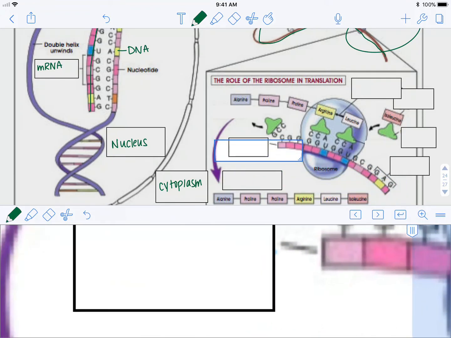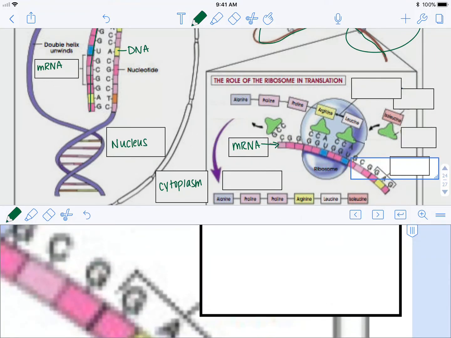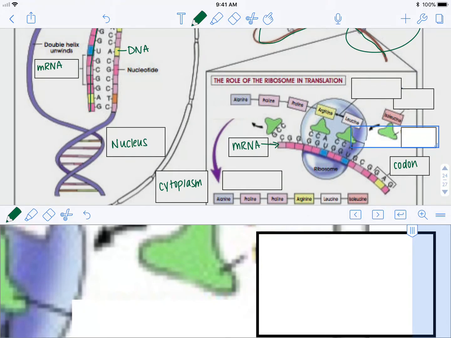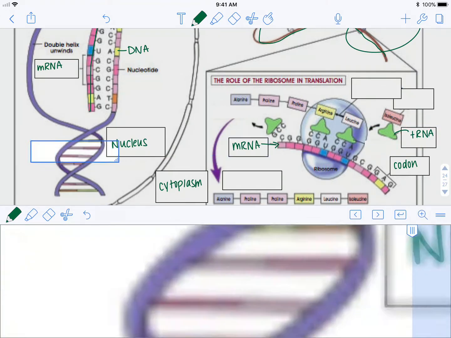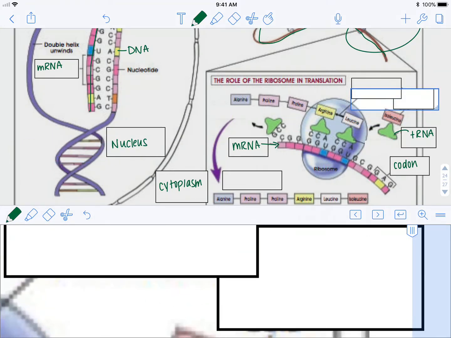Okay, if we want to label things down in here, this is a zoomed in picture of translation. This is my mRNA, this strand down here. A 3 set of bases is going to be our codon if it's on the mRNA. The green things here are my tRNA, and attached to each tRNA, we need an amino acid.